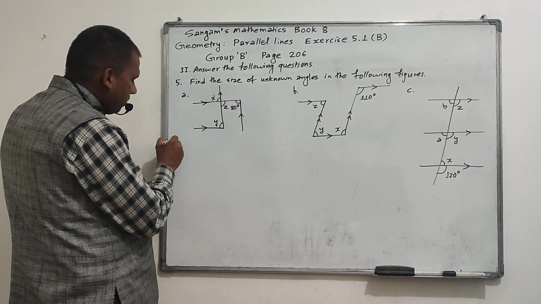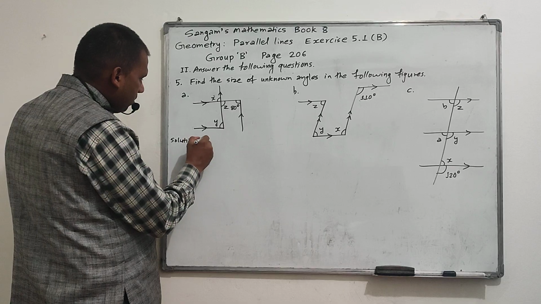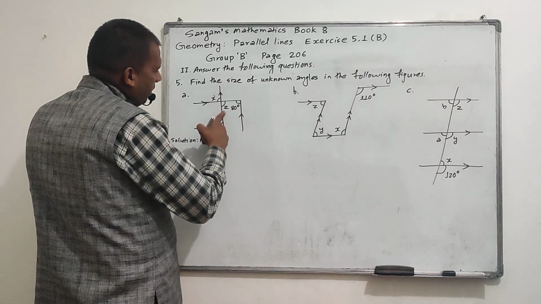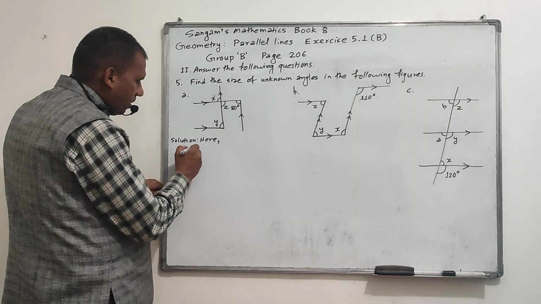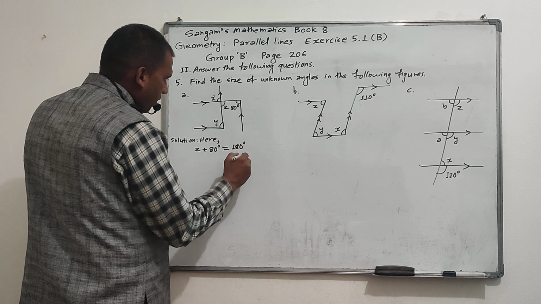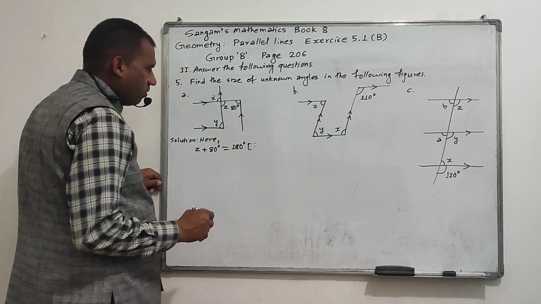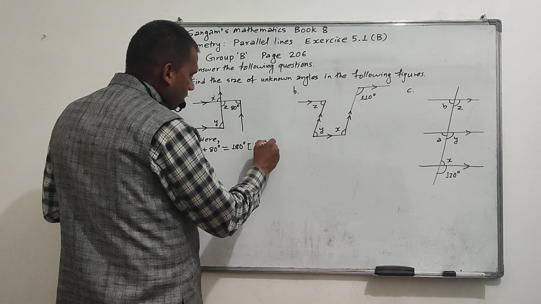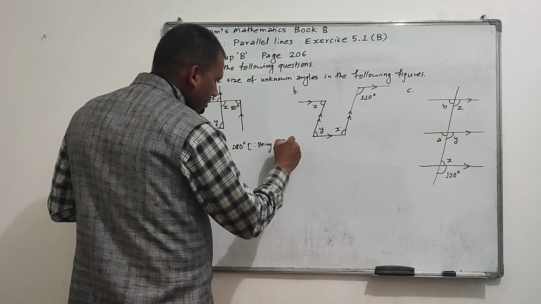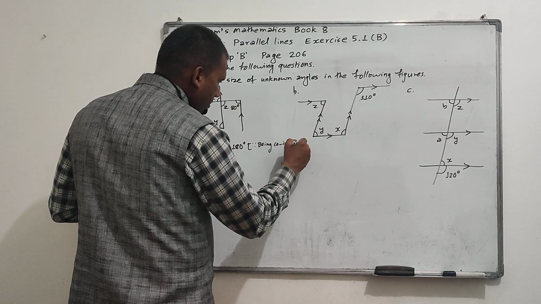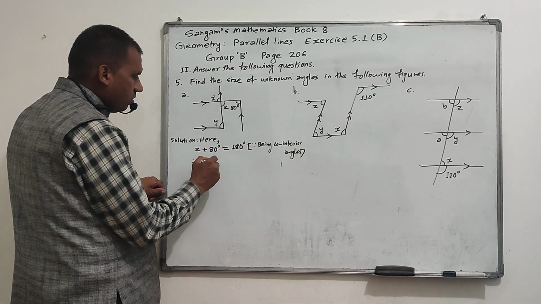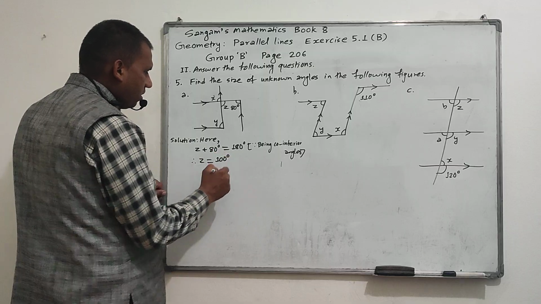And the solution here: z and 80 degree are co-interior angles, so you can write z plus 80 degree equal to 180 degree, being co-interior angles. Therefore, z equal to 180 minus 80, that is 100 degree.